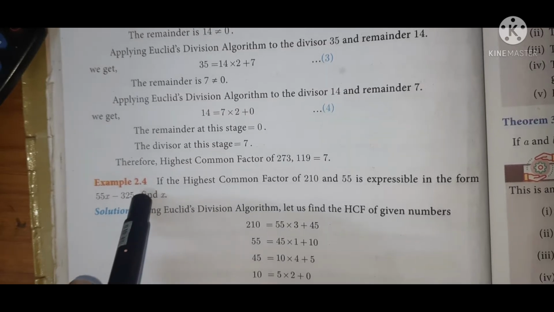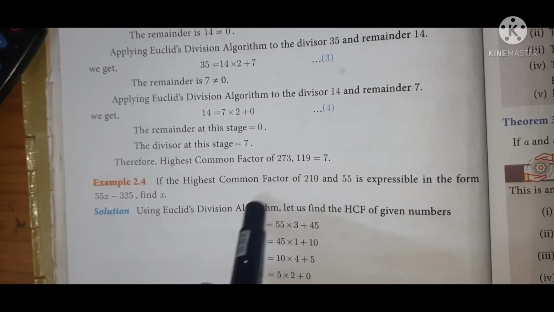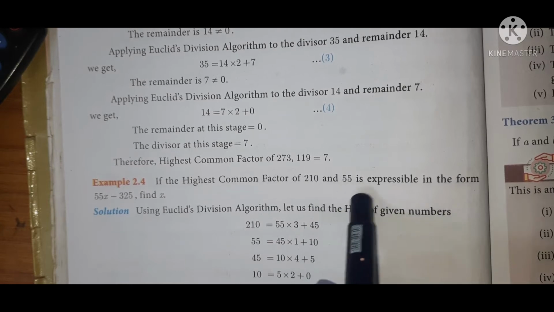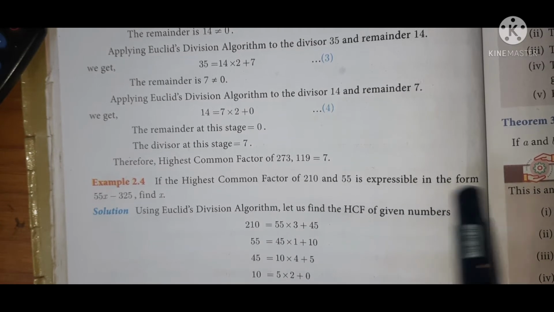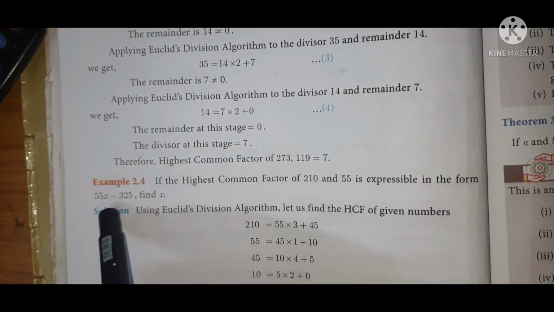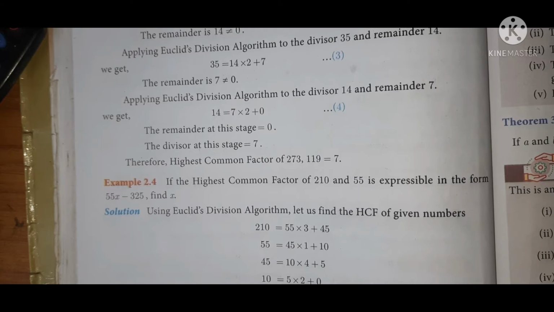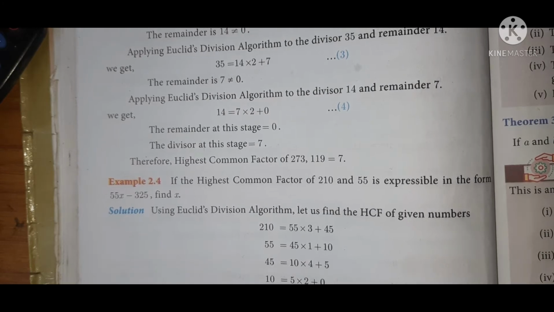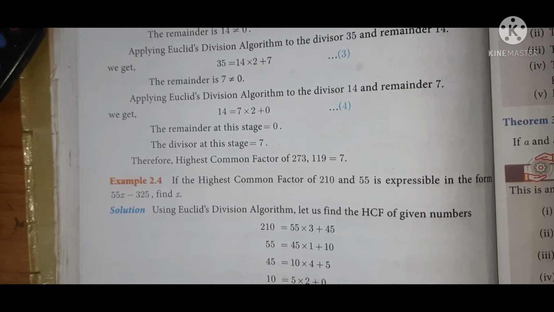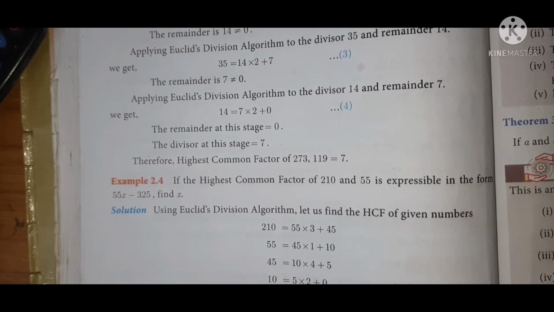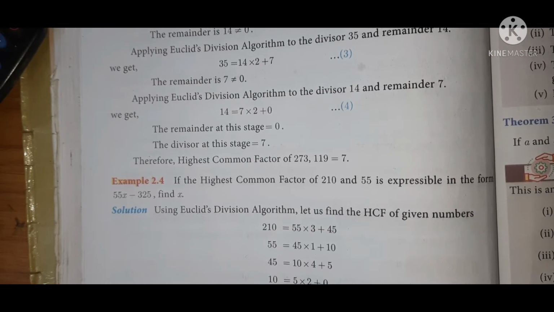Example number 2.4: If the highest common factor of 210 and 55 is expressible in the form 55x minus 325, find x. In the sum, the HCF of 210 and 55 is expressed in the form 55x minus 325.